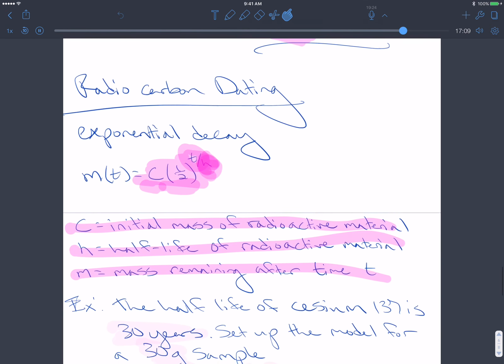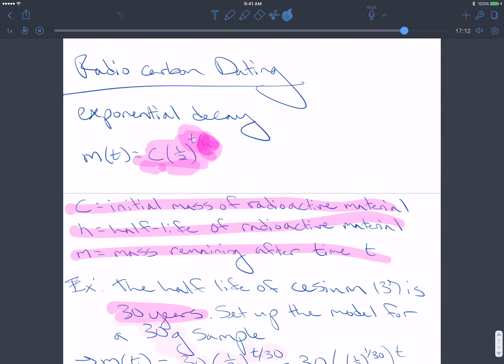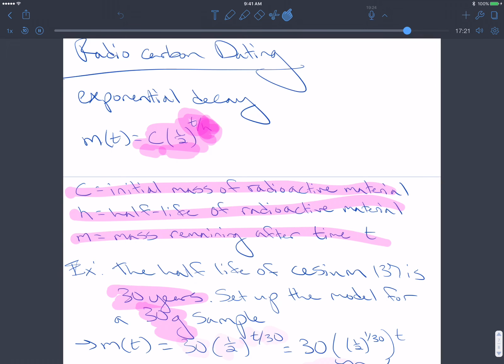If we have a half-life of cesium-137 of 30 years, so that means t will be in years, set up the model for a 30-gram sample. So m of t, we use our model, we're starting with 30 grams, so 30 times 1/2 to the t over 30 years.